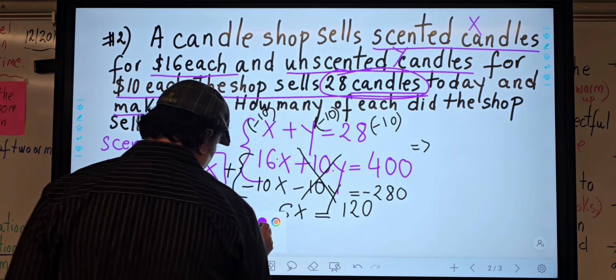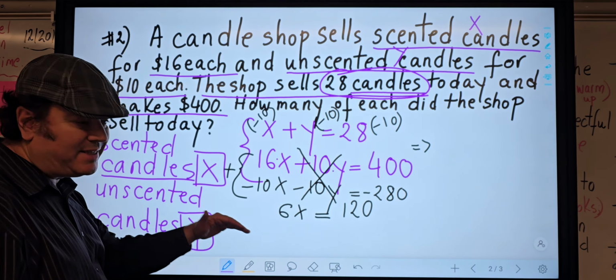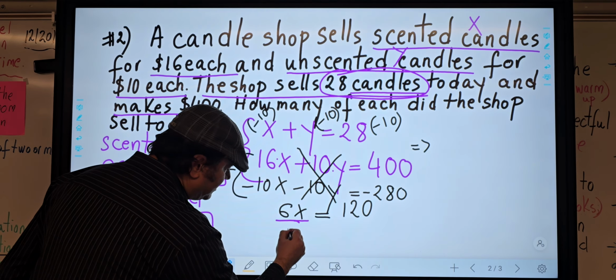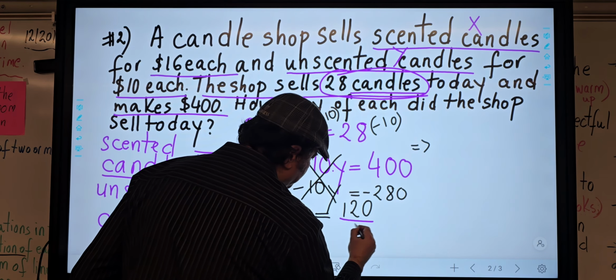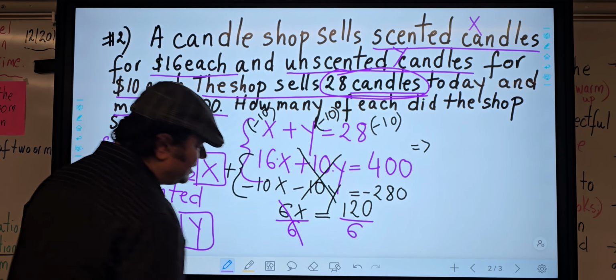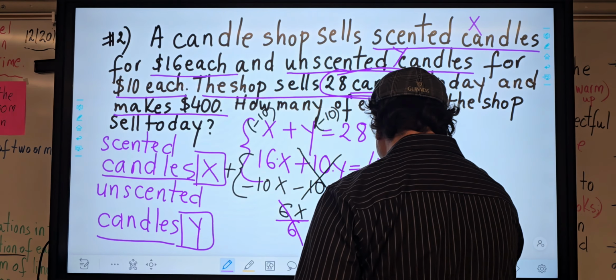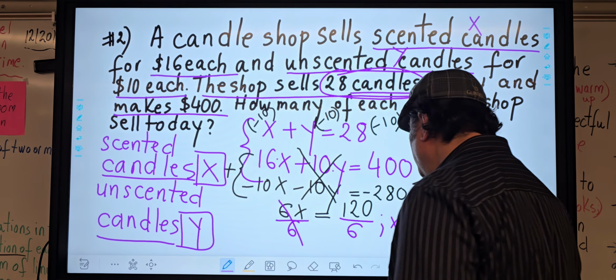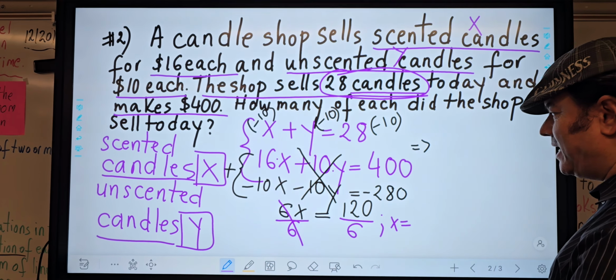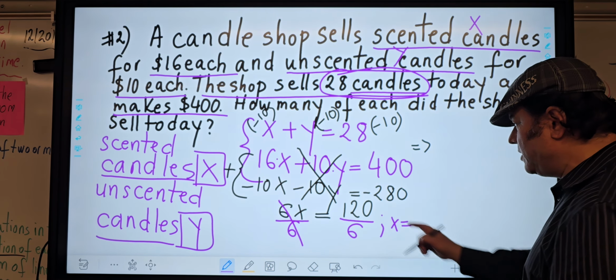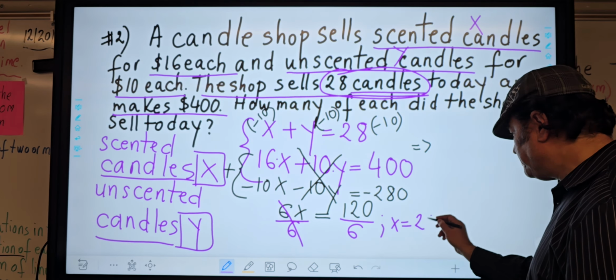Finally, we divide both sides by 6 to get X by itself. 6 divided by 6 becomes 1X, so X equals 120 divided by 6, which is 20.